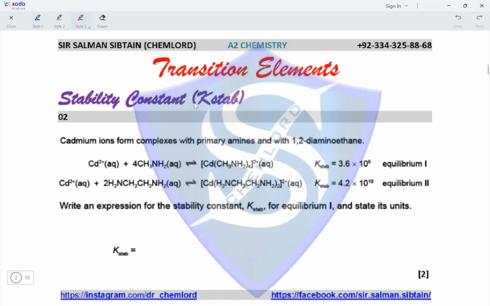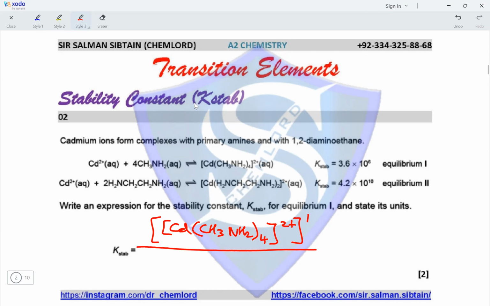So, equilibrium 1 has a single product which will go into the numerator, that would be Cd(CH3NH2)4 with a 2 positive charge, and since the molar ratio is 1, it would be raised to the power of 1, divided by, we've got 1 mole of cadmium ion, so Cd2+ raised to the power of 1 multiplied by 4 moles of CH3NH2. So it would be concentration of CH3NH2 raised to the power of 4.